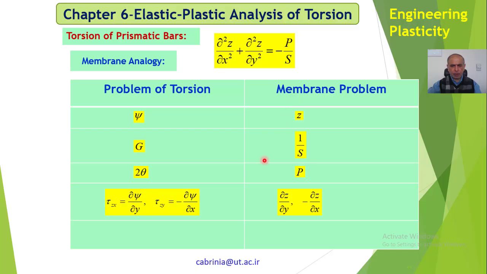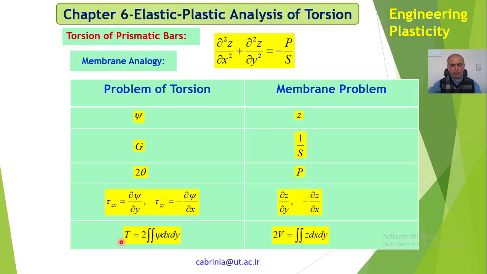And these were the shear stresses, tau, partial psi partial y, partial psi partial x. But in here we have partial z partial y, and partial z partial x. Note that here these shear stresses correspond to slopes, in fact, slope of the membrane after it has been pressurized.